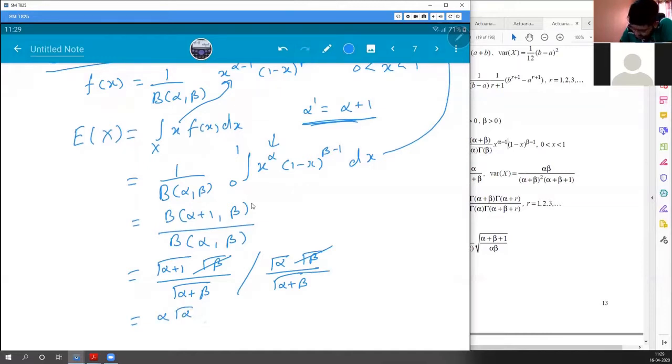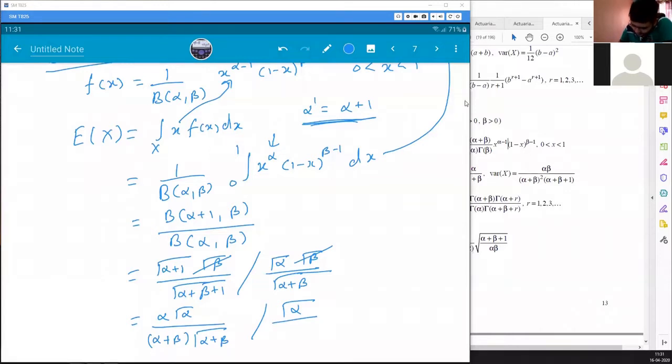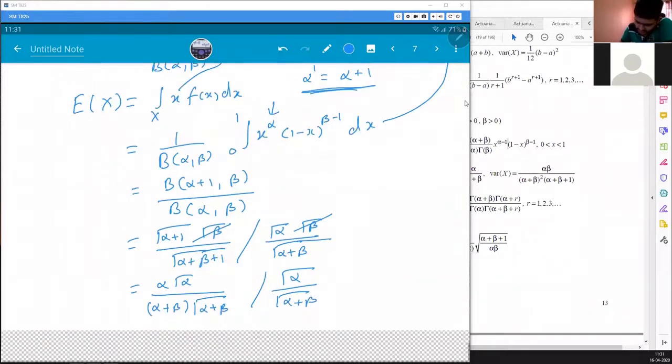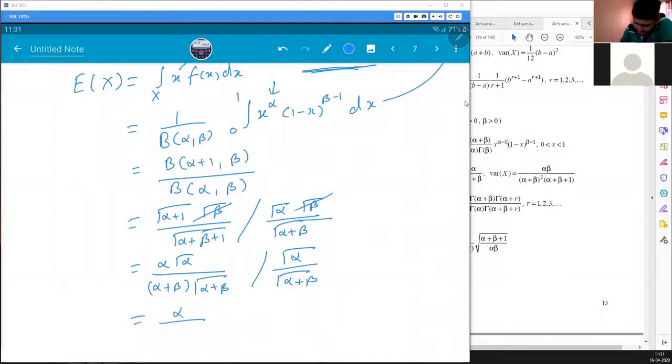One minute, in the denominator we'll have plus 1 because we have alpha plus 1 plus beta. Upon that we'll have gamma alpha plus beta, we'll cancel them out and we'll get alpha by alpha plus beta.